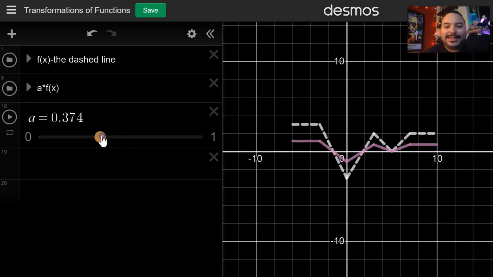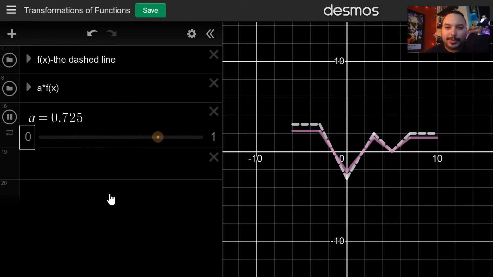And you guys can see as we get closer and closer to 0, the cool shape of our function is now starting to slowly become just a line. And if we make a equal to 0, well, that's all we get. There is 0 height to the graph, if you can think of it that way. Values between 0 and 1 are what we call a vertical compression of the graph. Compression means to squeeze it down.